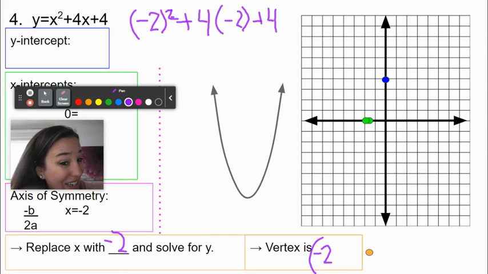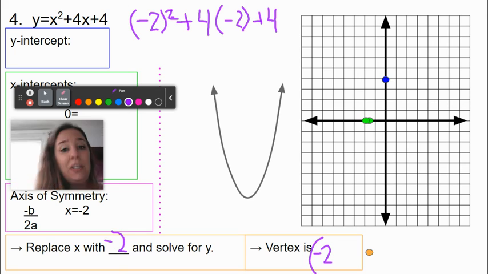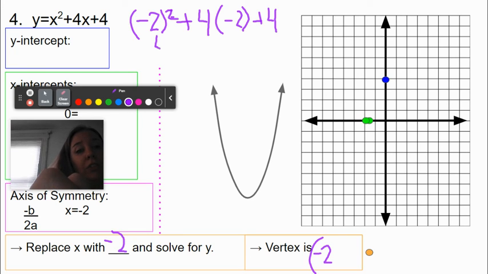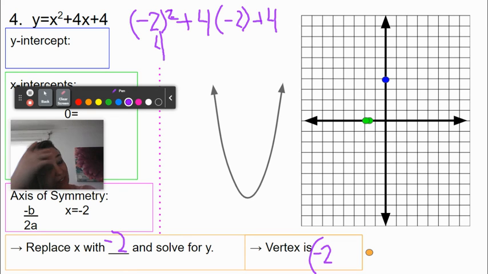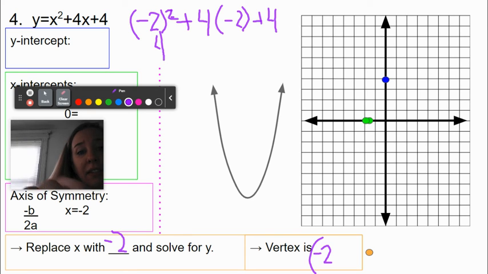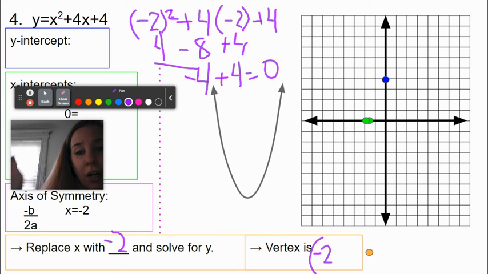All right, careful. -2 times -2 is a +4. If you don't put it correctly into the calculator, it's going to tell you it's -2. It's not. You need those parentheses. 4 times -2 is -8, plus 4. Okay, 4 minus 8 is -4, plus 4 becomes 0.